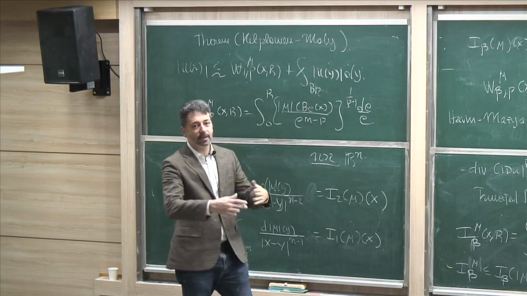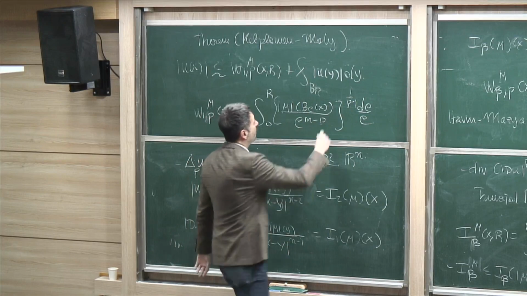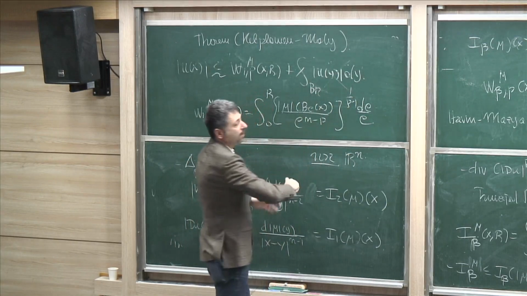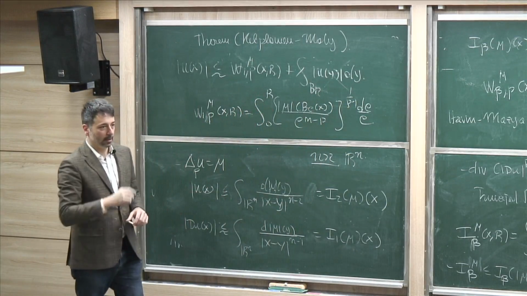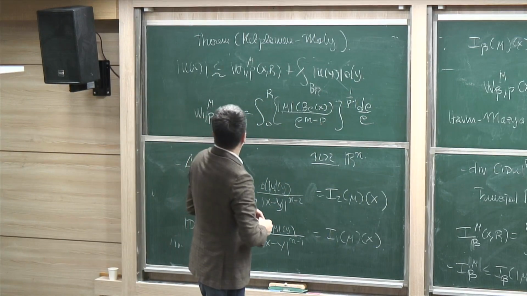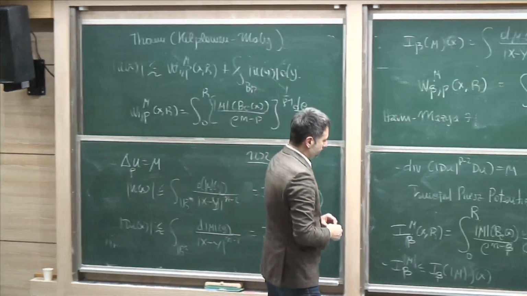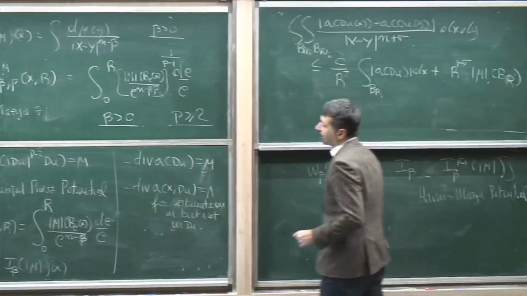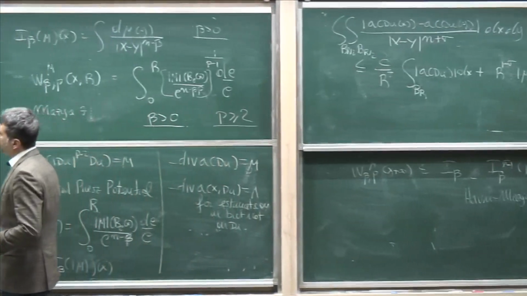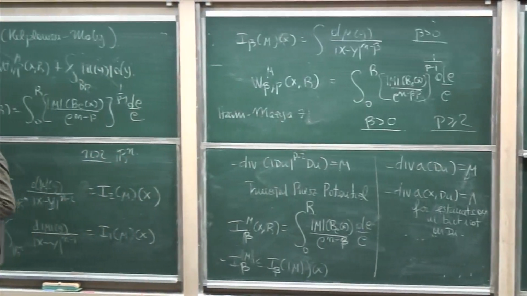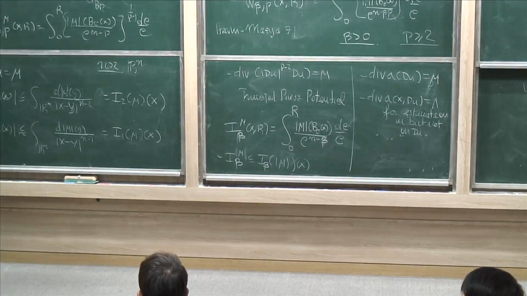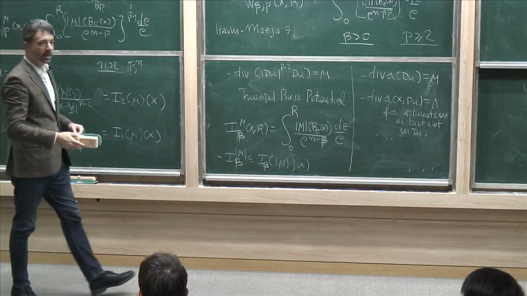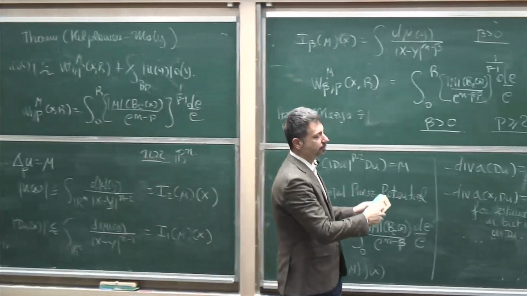Otherwise, you can let capital R go to plus infinity, and under suitable assumptions these disappear, and you get the global estimate. So this allows you to get an estimate which is a typical consequence of the fundamental solution representation, while there's no fundamental solution representation. You can get the estimates directly without passing through the fundamental solution.